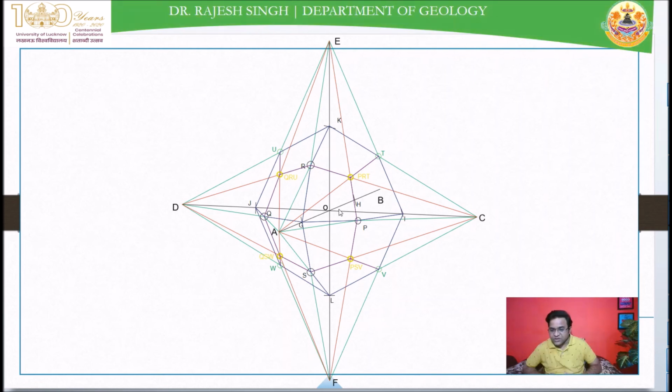I am going to demonstrate the drawing of the back faces also. So I will remove all the construction lines except the lines joining the points T, U, W, V. Okay, and all other lines will be removed.